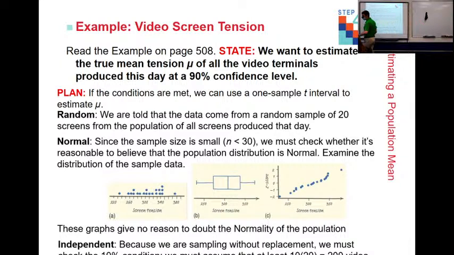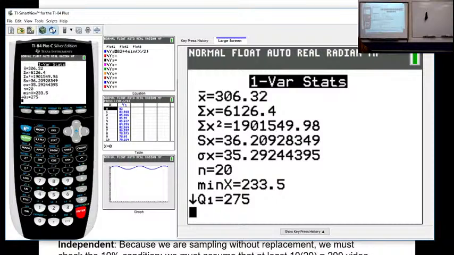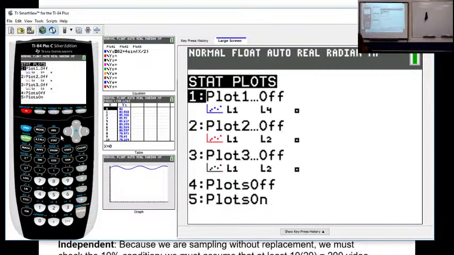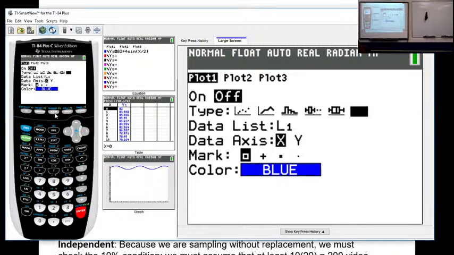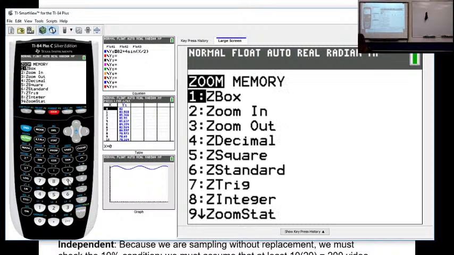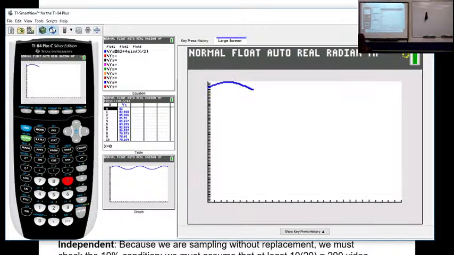So let me show you on the calculator where those are going to end up. We go second and stat plot. I won't have you graph all these, but just to remind you, the 2 main ones that you would use is the box plot with the outliers graphed, and then the one on the far right is the normal probability plot. So I can go normal probability plot for list 1 and then go zoom 9. Hold on.